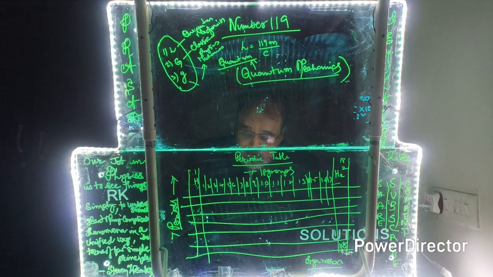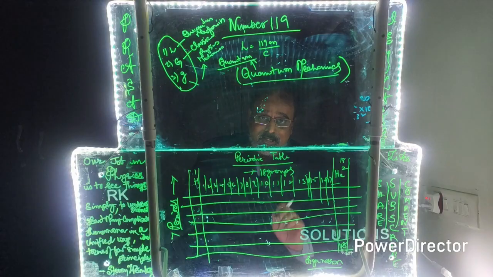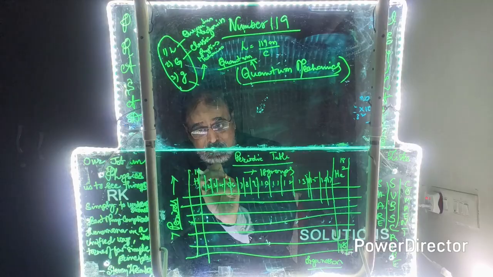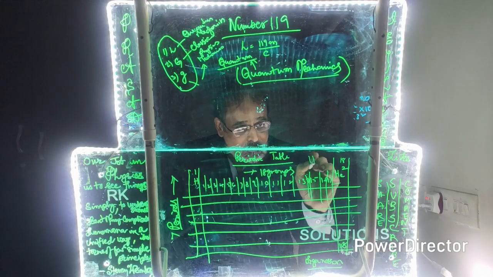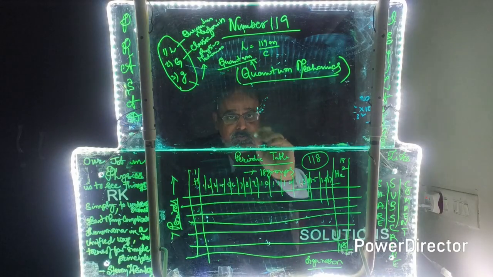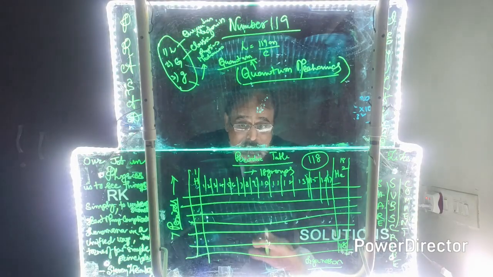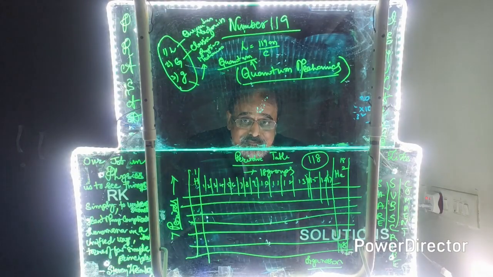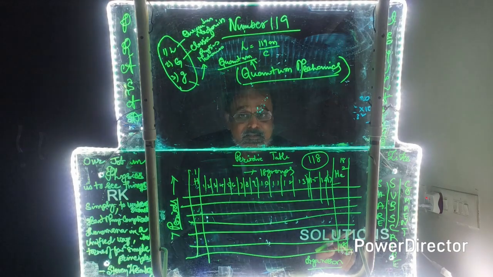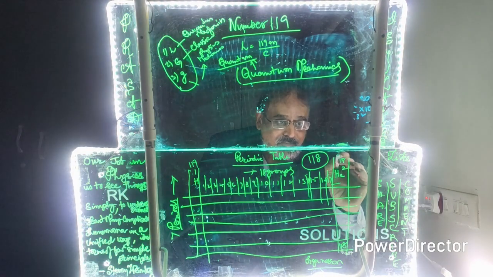118 elements we have. So you might have got an inkling of what I'm driving at. What I'm driving at is the periodic table contains 118 elements. Okay, so once 118 is over, what happens to the periodic table? Naturally, if it ends at 118, the next element should come here, 119, 120.